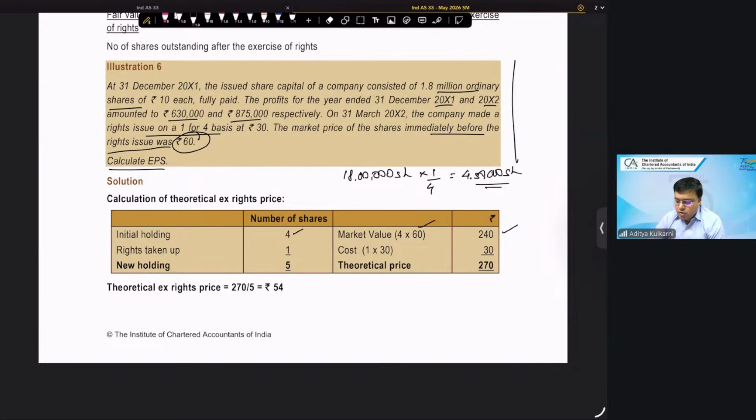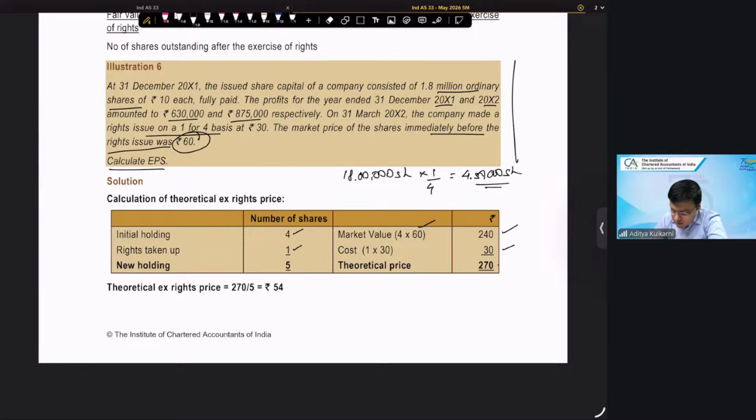So what is your total value? 240 rupees, correct? This is the value of shares before the rights. Is it okay? Then you have one share that is issued on account of rights. What will be the value of that share? 30 rupees. Yes or no?